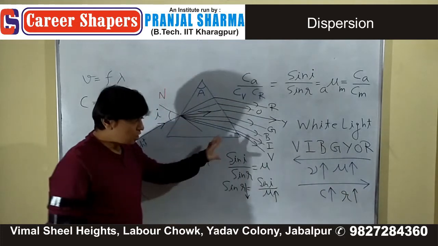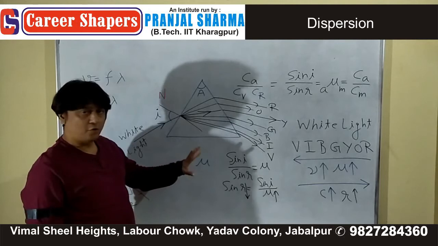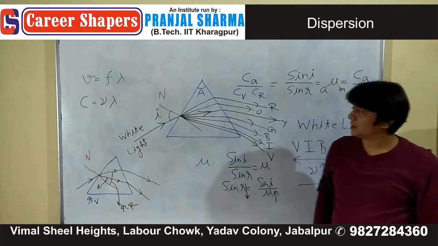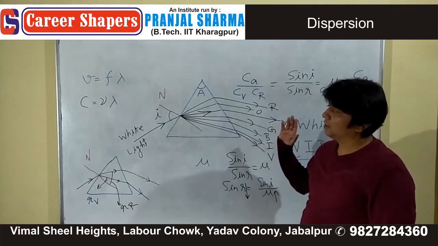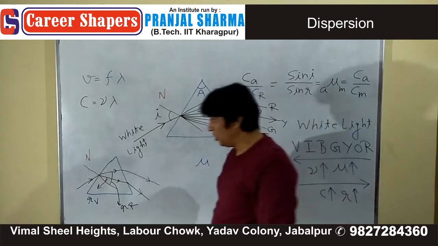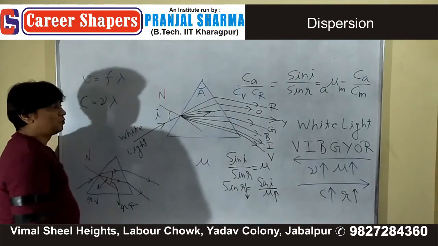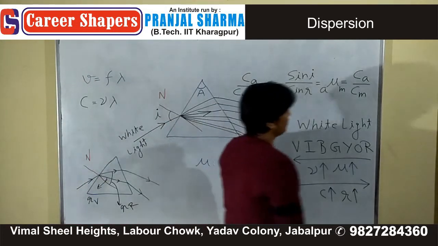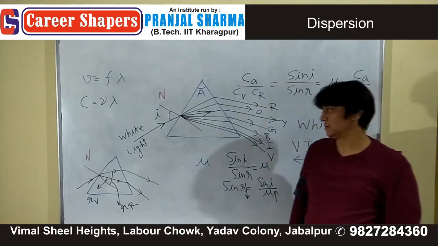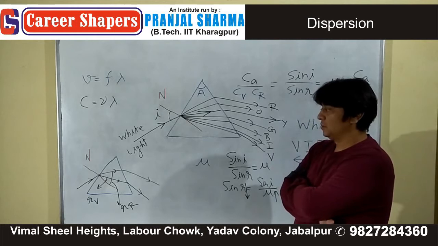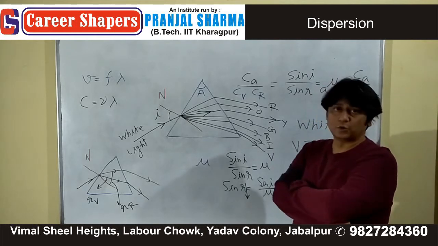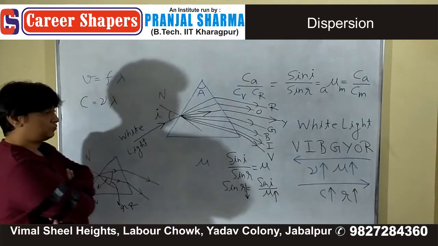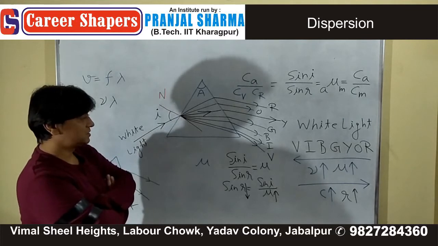But ultimately, you should realize this part. Now, go down this much, but before that, write down a few statements. All the colors, when they move in vacuum, they travel with the same speed, which is 3 into 10 to the power 8 meters per second.